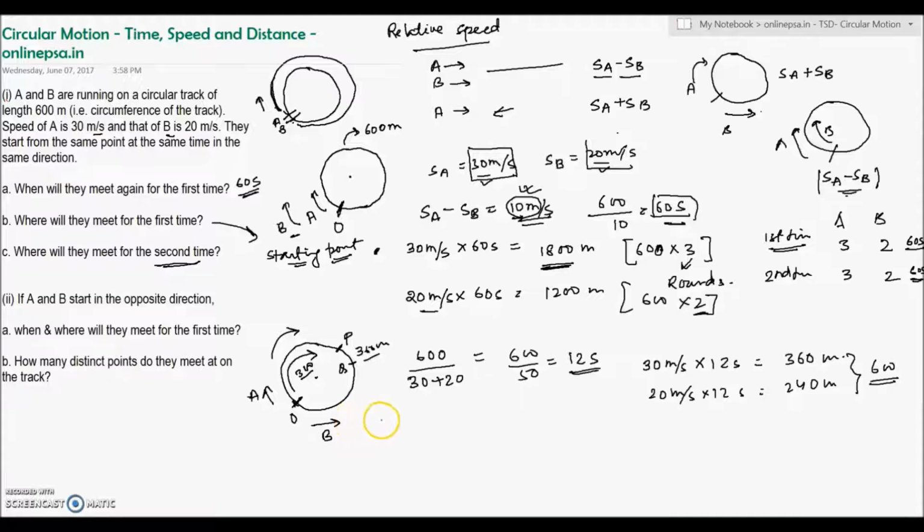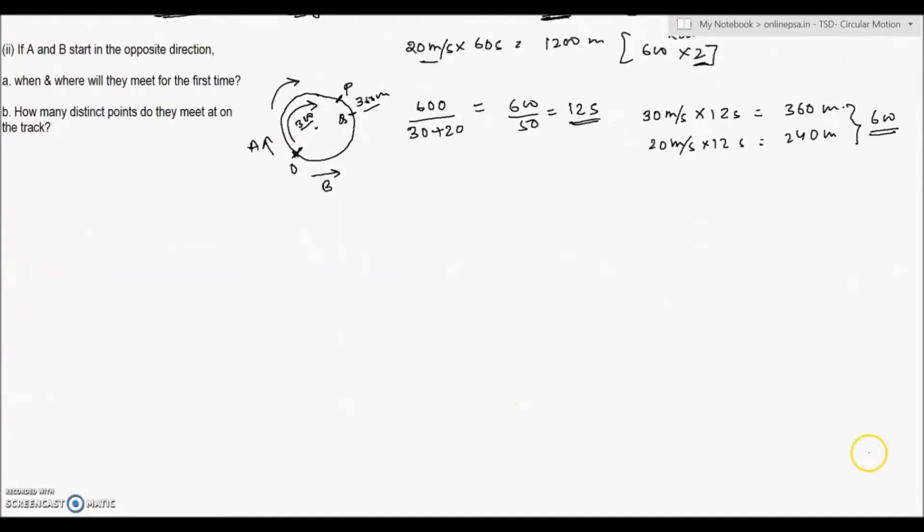To understand the number of distinct points, let us try to get to a bigger diagram so that we can understand the point that I am trying to make. So consider this to be a circle.